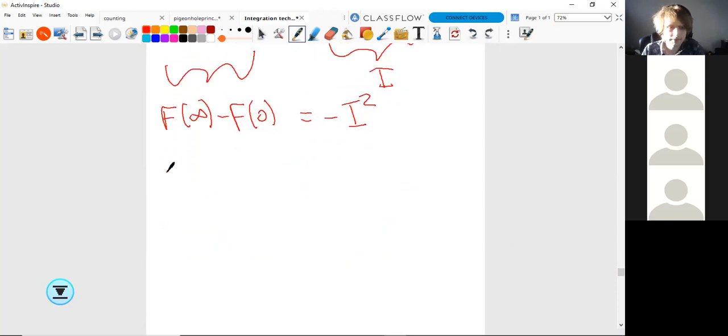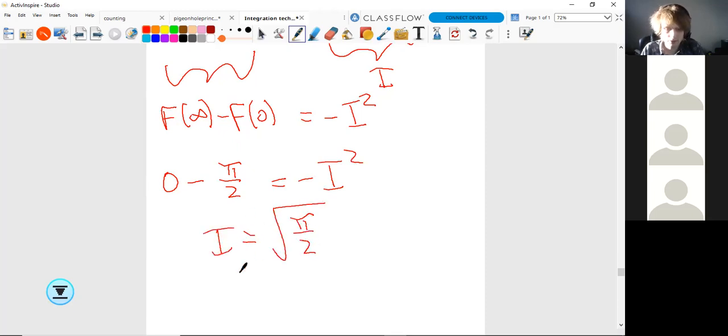So we get 0 minus pi over 2 is equal to minus I squared. So I is equal to the square root of pi over 2, or the integral from 0 to infinity of e to the minus x squared over 2 dx is equal to the square root of pi over 2.